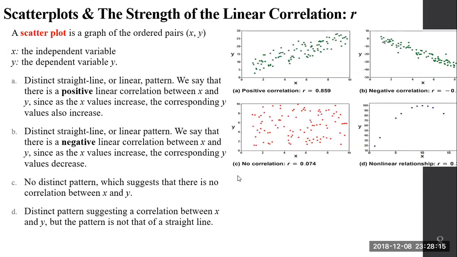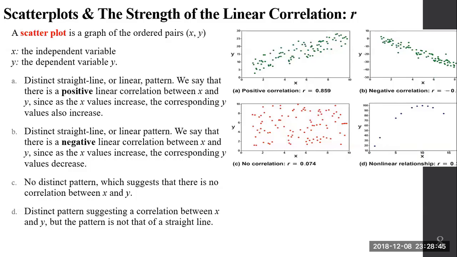A scatter plot is a graph of ordered pairs x, y. X would be the independent variable, y would be the dependent variable. With a discernible straight line, or linear pattern, we say that there is a positive linear correlation between x and y, since as the x value increases, the corresponding y value also increases.